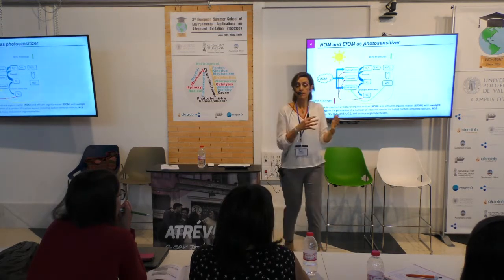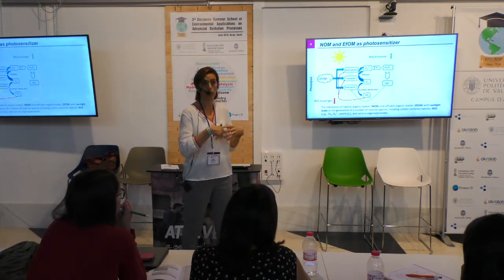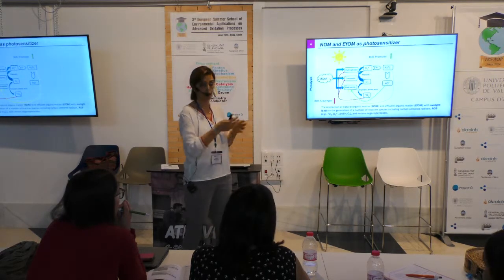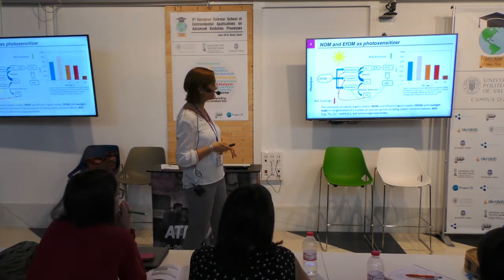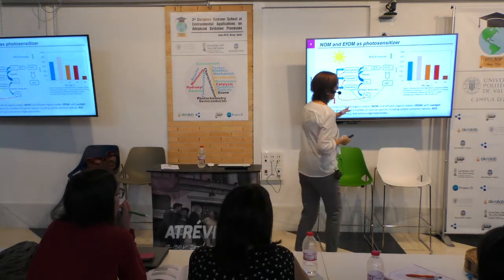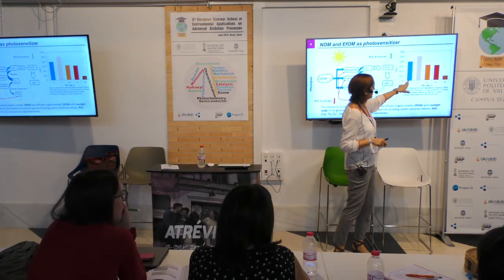So sometimes you can see that the presence of NOM promotes the radical reactions and the degradation of a compound, and sometimes it decreases. And here, for example, this is with the chlorpyrifos, the picture I showed you before.